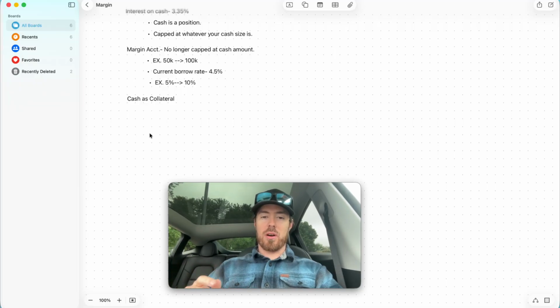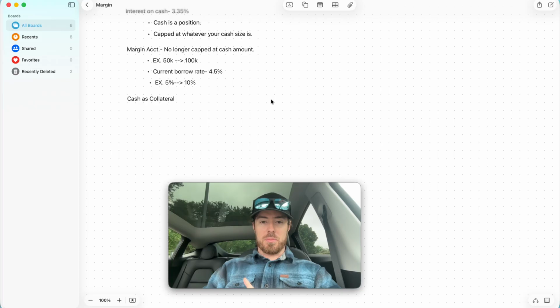Once you start reading the market and you start feeling confident that you're beating the market, you are limiting yourself to that 5% cash growth, which is now 3.35. So when the interest on cash is as low as 3.35, I would definitely recommend switching to margin.